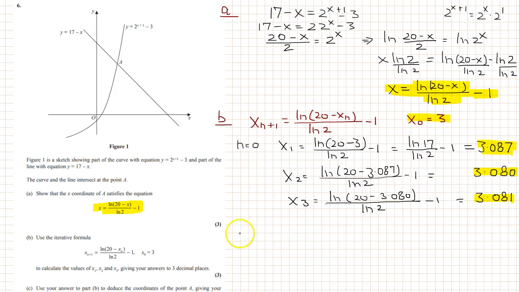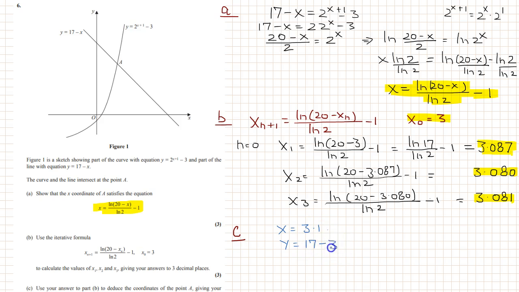Part C. Use the answer of part B to deduce the coordinate of point A. Give your answer to 1 place of decimal. So from here we can see that to 1 place of decimal x is equal to 3.1, and we have y is equal to 17 minus x.